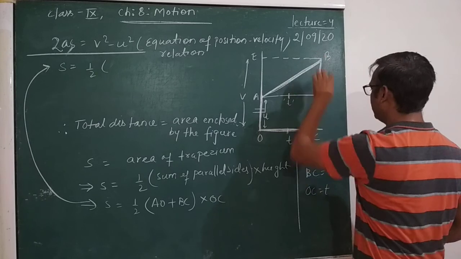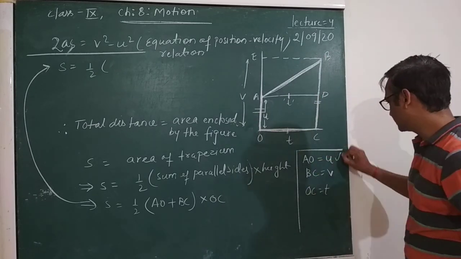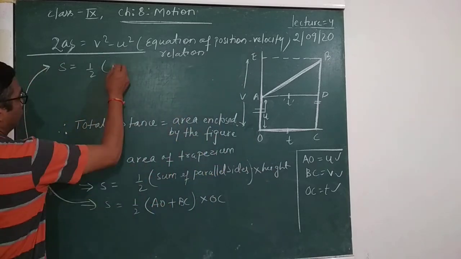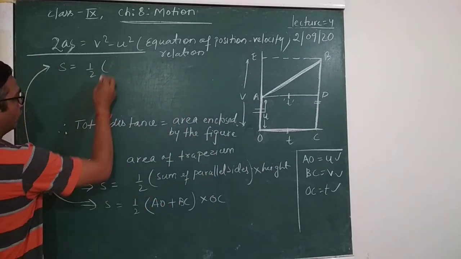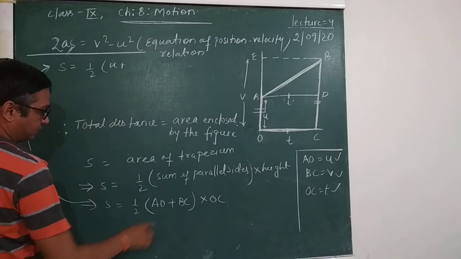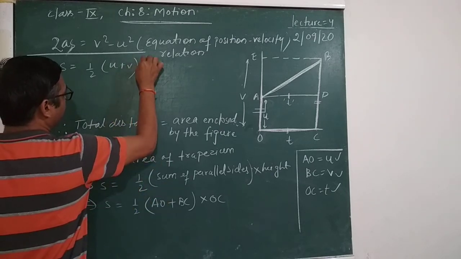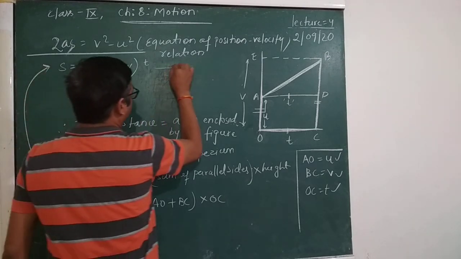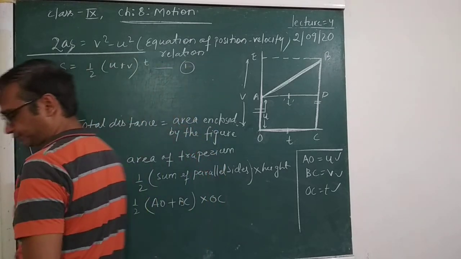So BC is v. Putting these values, we can write s is equal to 1 by 2 into u plus v into t. We can call this equation 1.